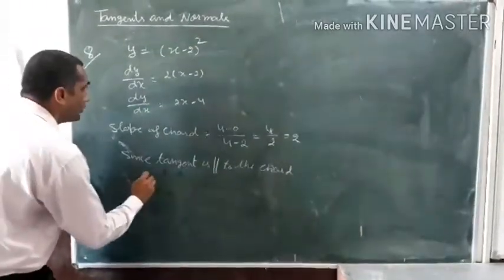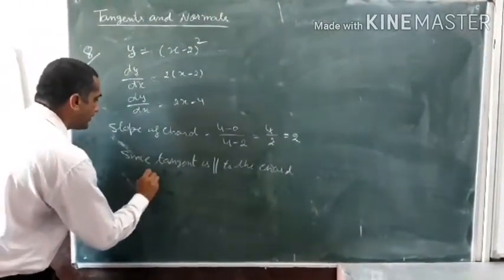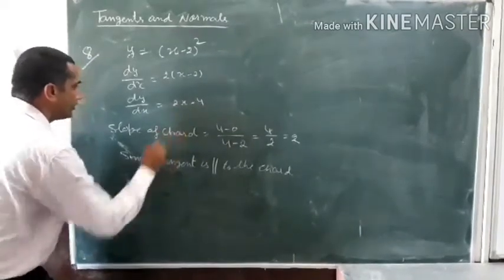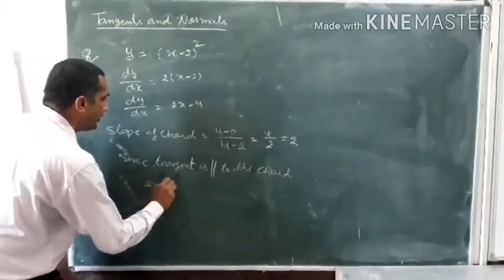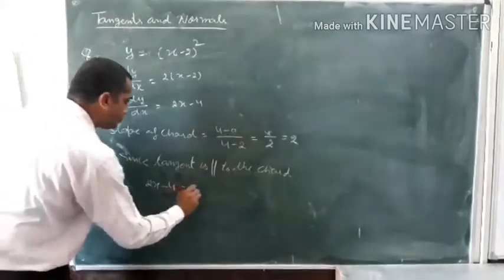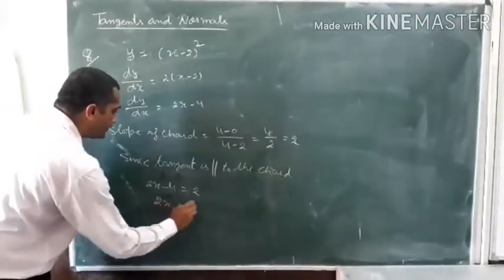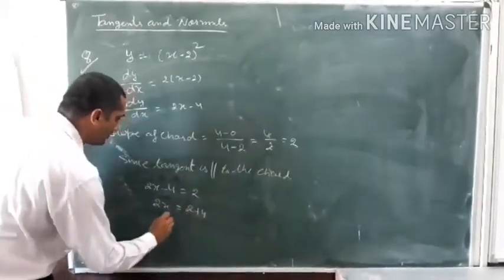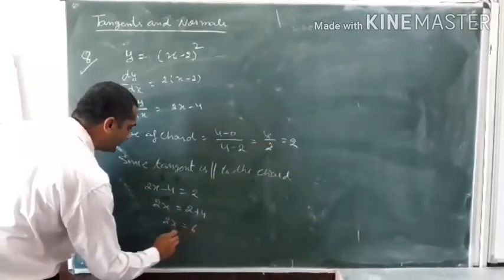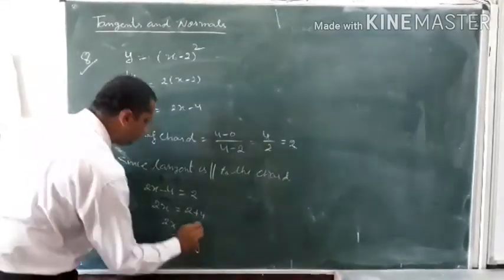So dy over dx, 2x minus 4 is equal to 2. 2x is equal to 2 plus 4. 2x is equal to 6. Then x is equal to 3.